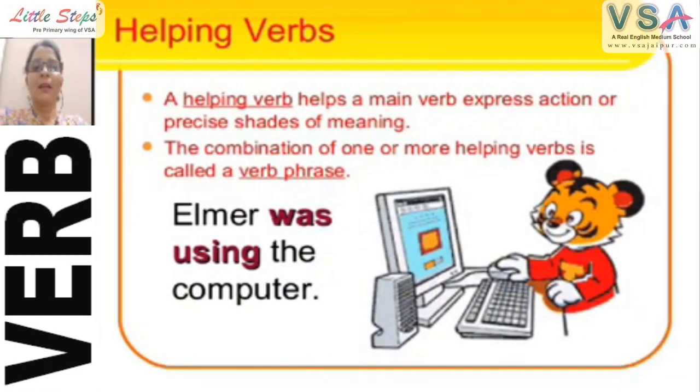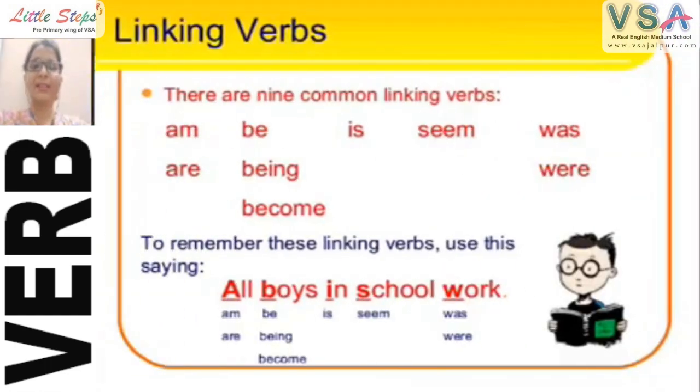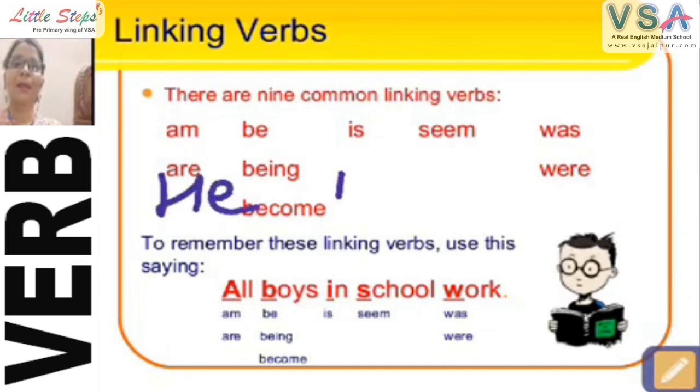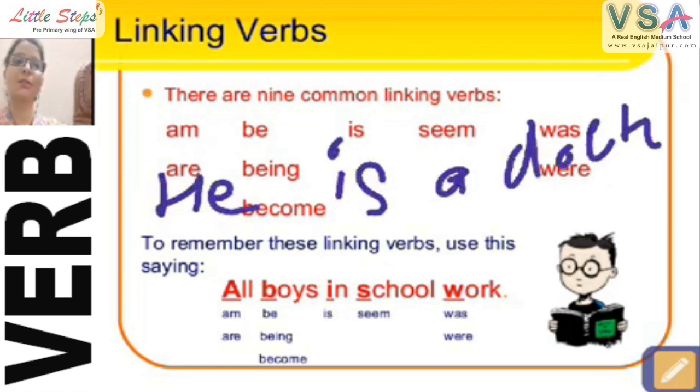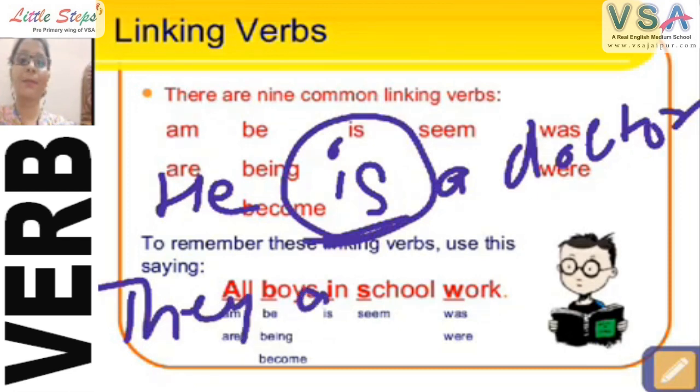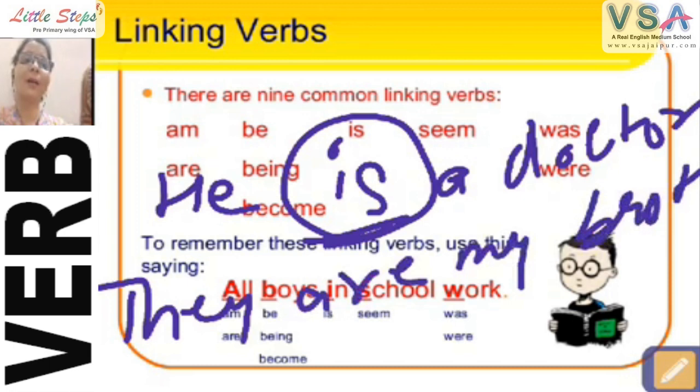Okay, now this is helping verb. As an example, we may say linking verbs के लिए मैंने examples नहीं लिए हैं, but I will write it as I say. He is a doctor. As I write, he is a doctor. So this is a linking verb. Is a linking verb, right? And if I say they are my brother, they are my brother.